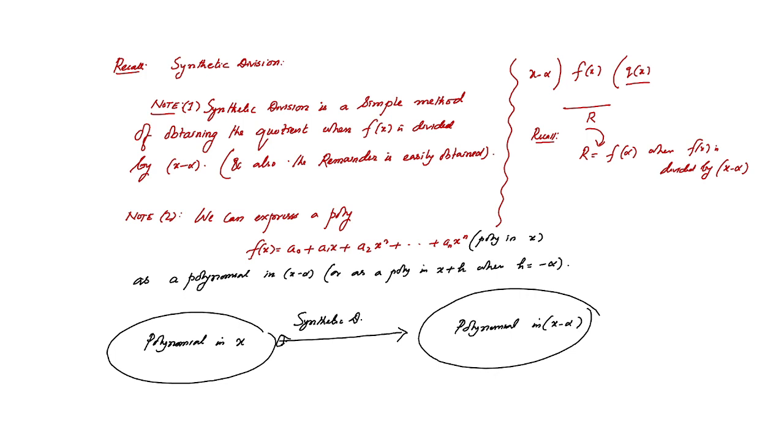I will not go into the whole theory of synthetic division, but we will solve a problem showing how a polynomial in x can be expressed as a polynomial in x minus alpha, and from that problem you will understand what exactly synthetic division is.